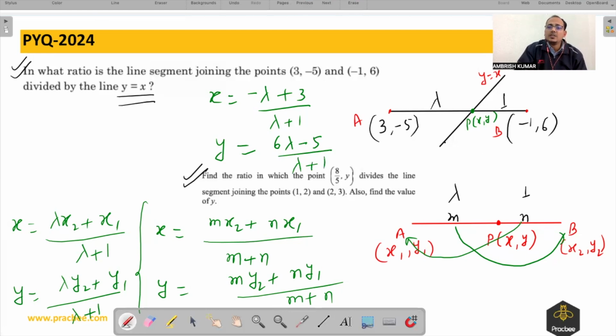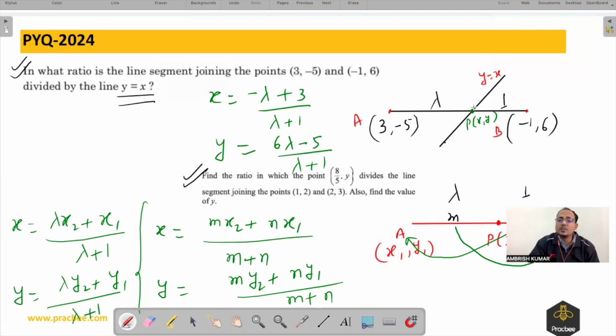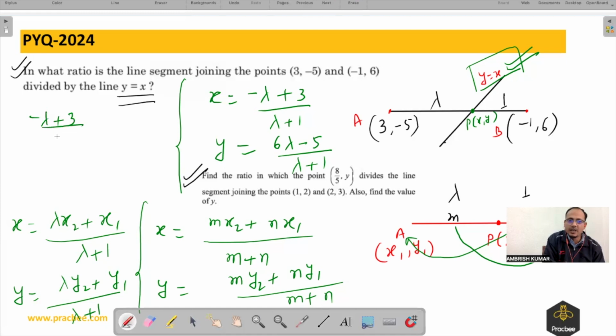Since this point P lies on the line y equals x, the y coordinate must be equal to the x coordinate. All the points on this line will have both the coordinates the same. So you just need to equate negative lambda plus 3 by lambda plus 1 to 6 lambda minus 5 by lambda plus 1. Lambda plus 1 you cancel out.